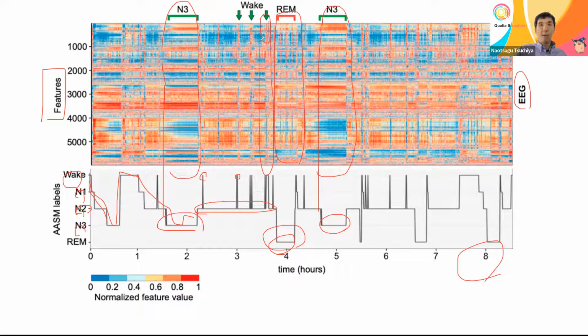There's a notable stripe here, also here, and also here. But it also detects something very similar here, which was missed by experts. So maybe this kind of machine-based analysis can help complement the analysis by humans.